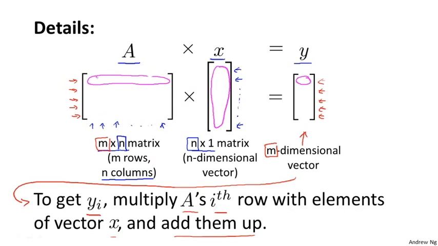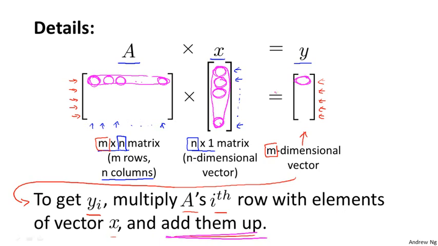So we take this first number, multiply by this first number, then take the second number, multiply by this second number, take this third number, multiply by the third number, and so on until we get to the end. And then we're going to add up the results of these products. The result of adding that up is going to give us this first element of y.